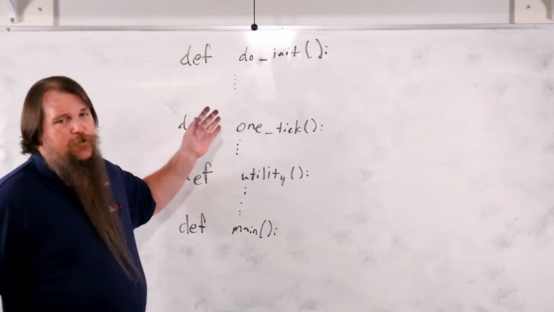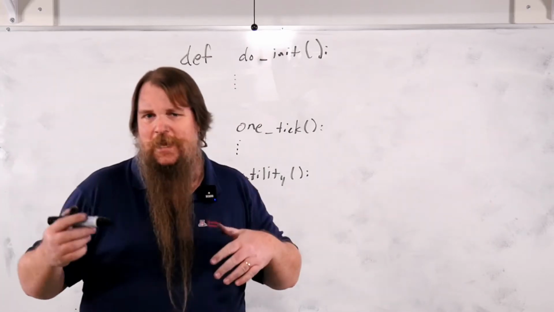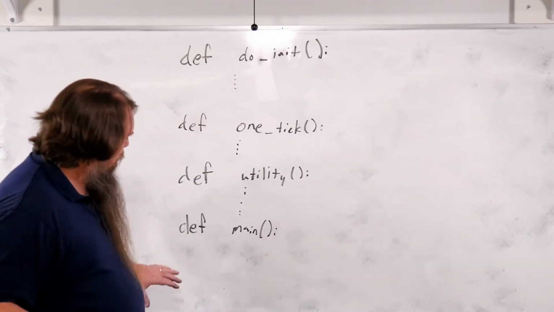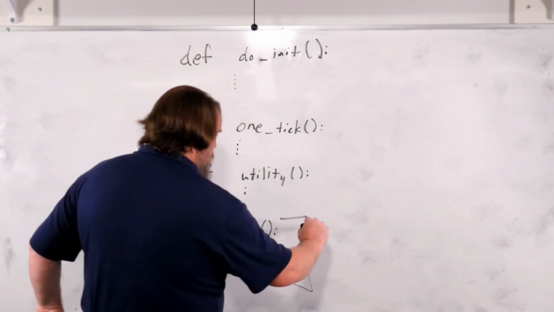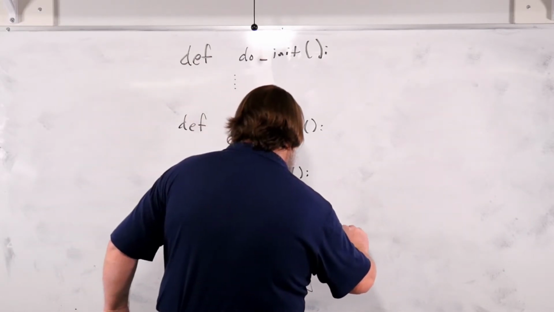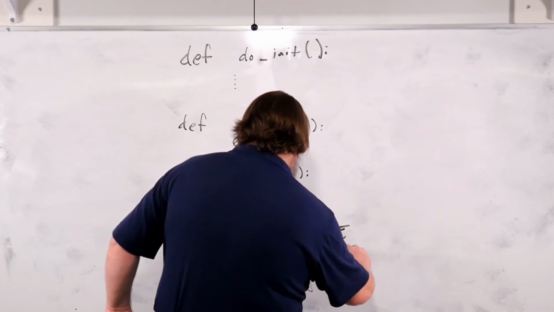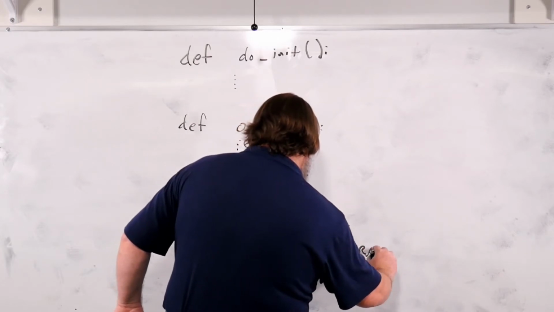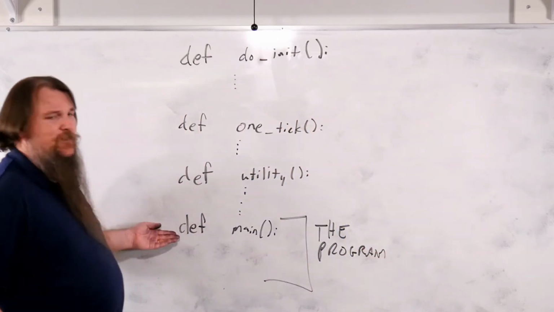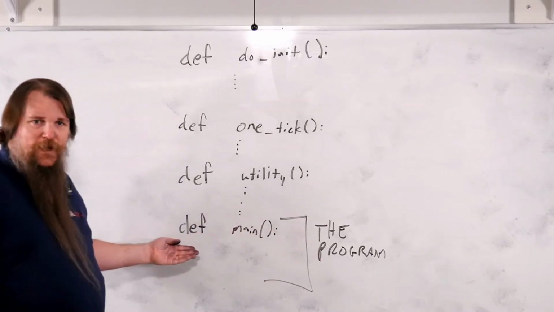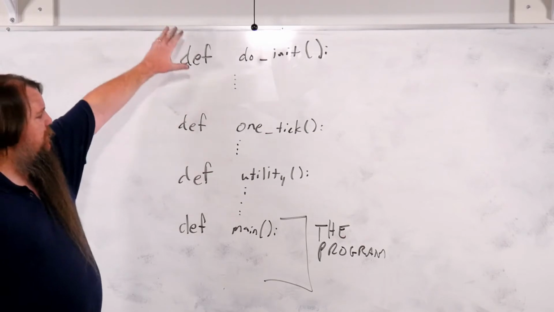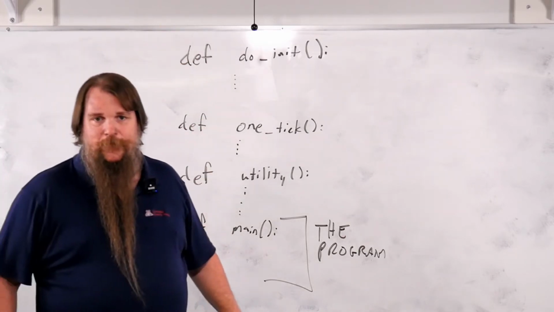And then it might call the tick function a whole bunch of times, and maybe it calls other things. But this is what we think of as the program itself. The very first thing that the program does is it starts running the main function. The very last thing it does is that the main function ends. Everything else is called from main.